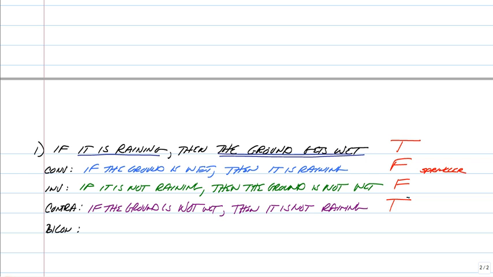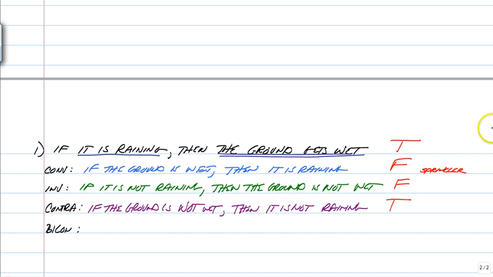Now, the biconditional is true if the original conditional statement and the converse are true. In this case, it would be a false statement. That would be saying it is raining if and only if the ground is wet. And we already know that is an incorrect statement, going back to our sprinkler again. Okay, so in this case, the biconditional would be false.